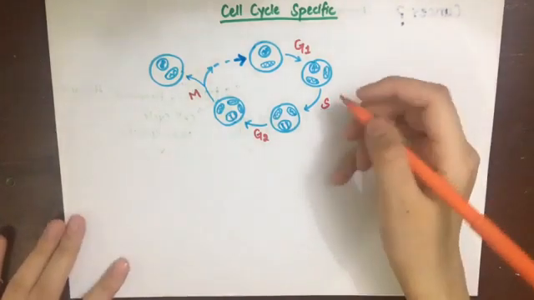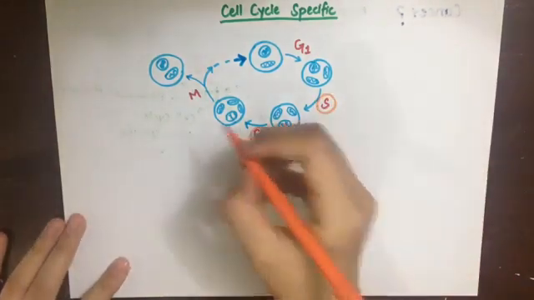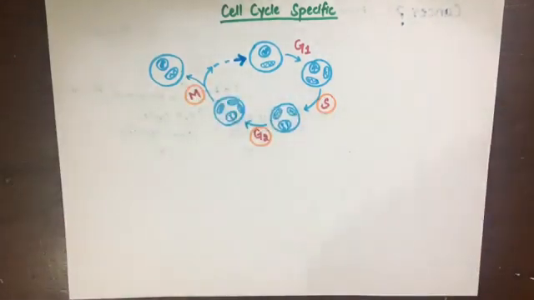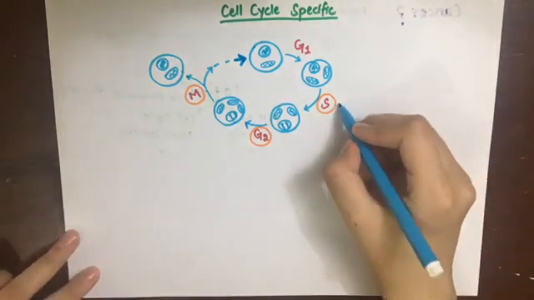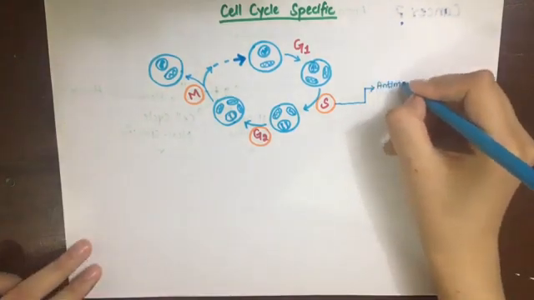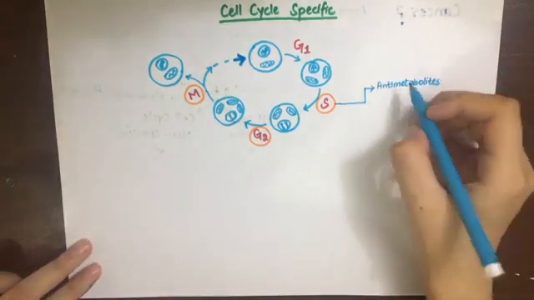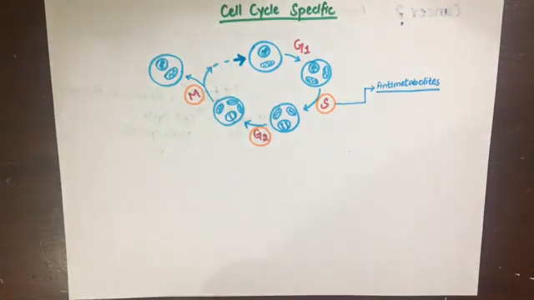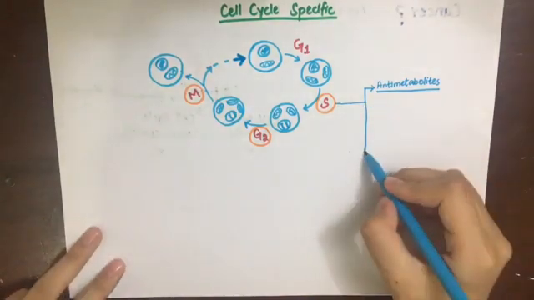Coming to the cell cycle specific anti-cancer drugs, they mainly act on the S phase, the G2 phase, and the M phase of the cell cycle. First, we'll see the drugs that act on the S phase of the cell cycle while DNA is being synthesized. They include the antimetabolites and the DNA synthesis enzyme inhibitors.